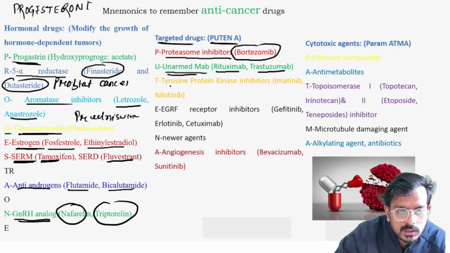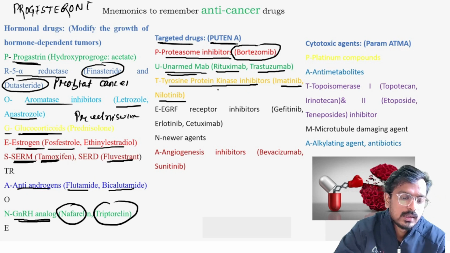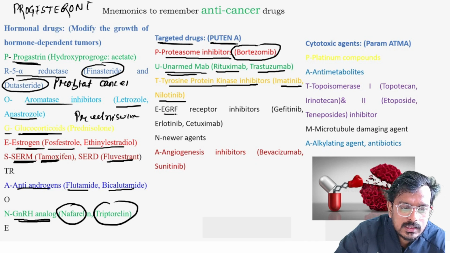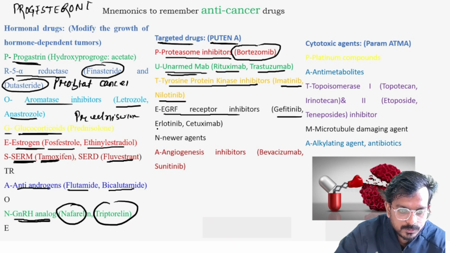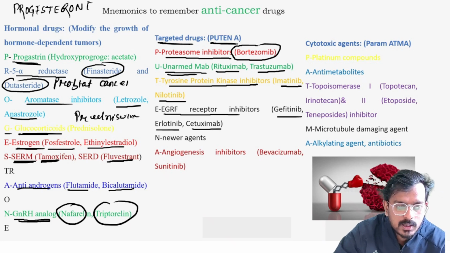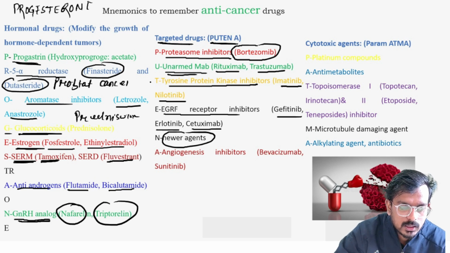Next, T stands for tyrosine protein kinase inhibitor, examples are imatinib and nilotinib. Next, E stands for EGFR inhibitor, that is gefitinib, erlotinib, and cetuximab. N stands for newer agents; these EGFR inhibitors come under newer agents.